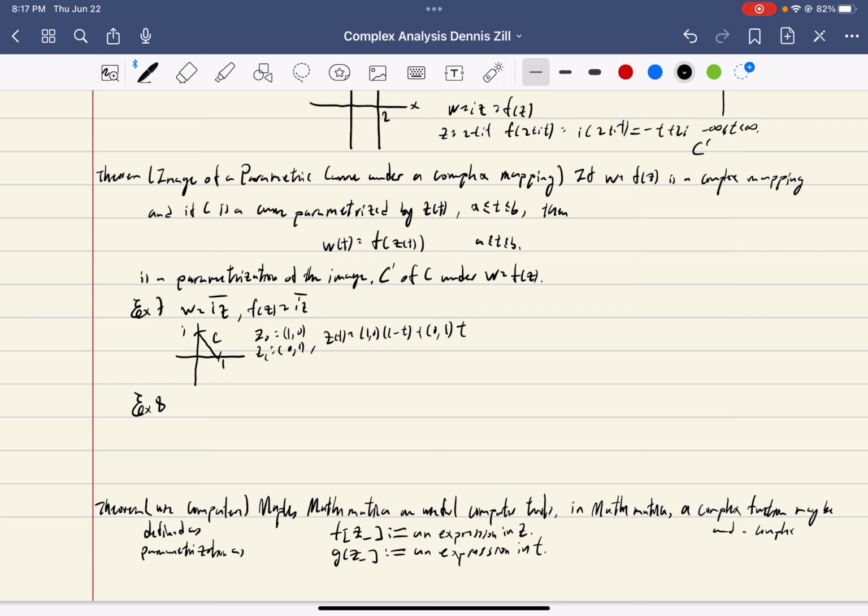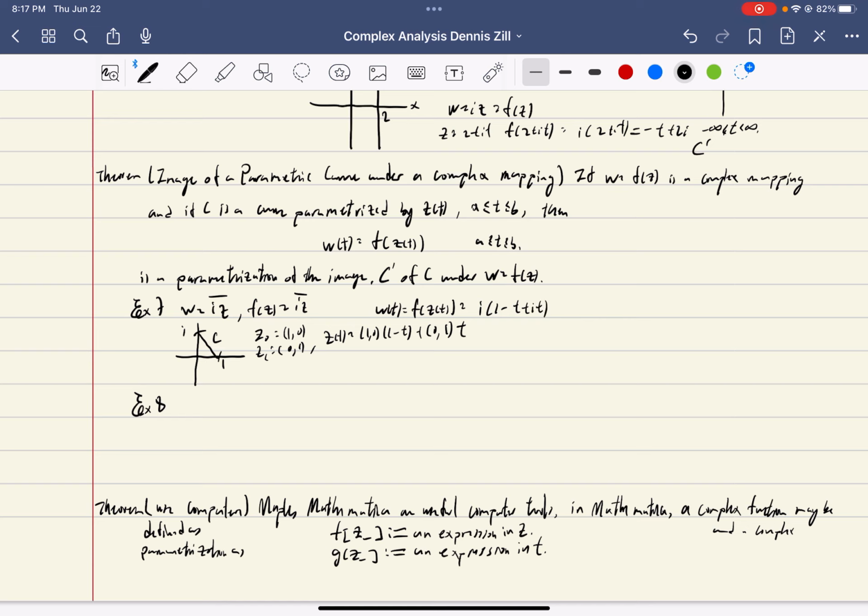Well, we say w of t is equal to f of z of t. We just found out what z is. That is equal to the complex conjugate of 1 minus t plus it.